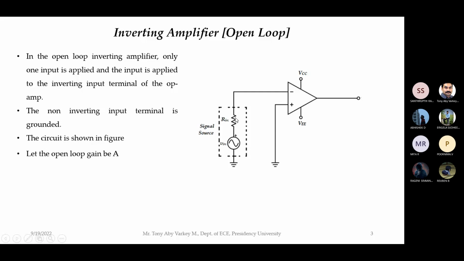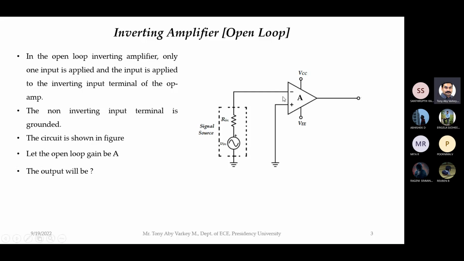So let the open loop gain be A. I have marked here A. So A is the gain of the amplifier. What will be the output in terms of A and V in?